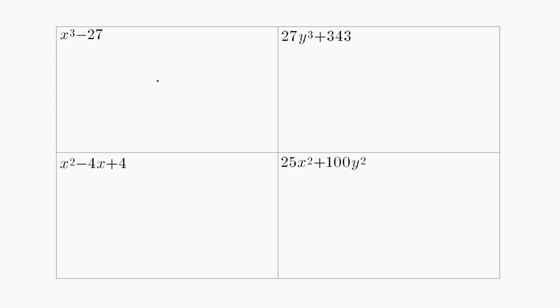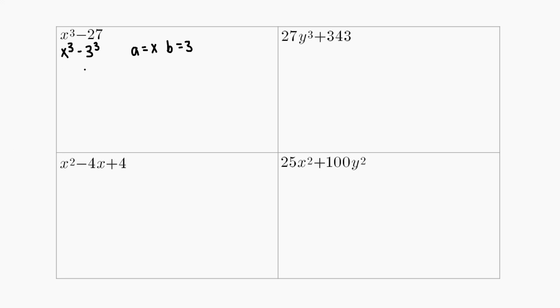So let's start with x cubed minus 27. The fact that x is cubed makes me wonder whether this will be the difference of cubes. So 27 is 3 cubed, so it is. Let's rewrite this as x cubed minus 3 to the third power. Now, it's easier for us to tell the a and b. So a is x and b is 3.